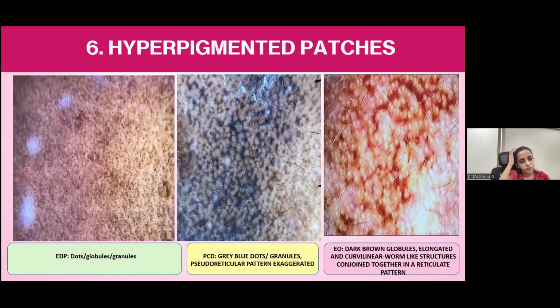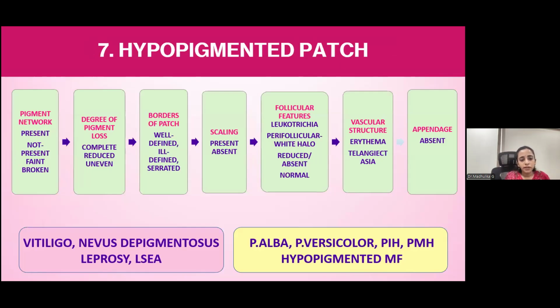Next slide. So for a hypopigmented patch, again, look at the pigment network, whether it is present, completely absent, or faint but still present. Degree of pigment loss: complete, reduced, or uneven loss. Borders of the patch: well-defined, ill-defined, serrated. Scaling, whether present or not.